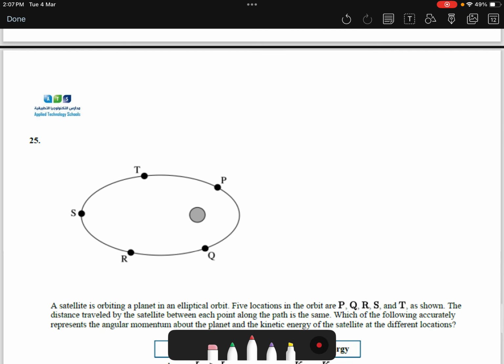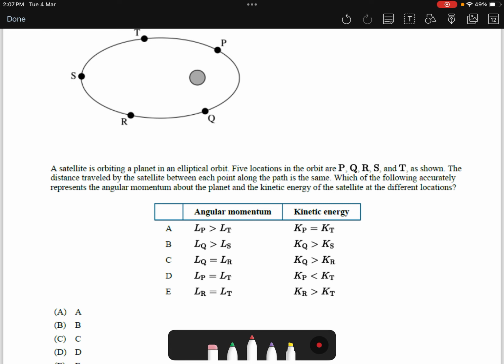Next, for this one also we can use almost the same logic. The angular momentum is constant because there is no external torque, but the kinetic energy will change. Why? Because the velocity is different. The velocity will increase when the object is closer to the central object.